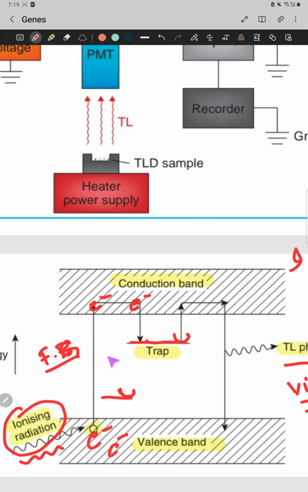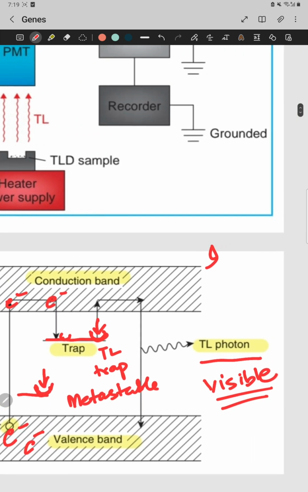Once, because of the radiation, the electrons which are in the conduction band get trapped. When they are coming down, they get trapped into these gaps, into these holes. This is called the TL trap, and here the electrons are in a metastable state. Now they can't come back to the valence band until heat is applied.